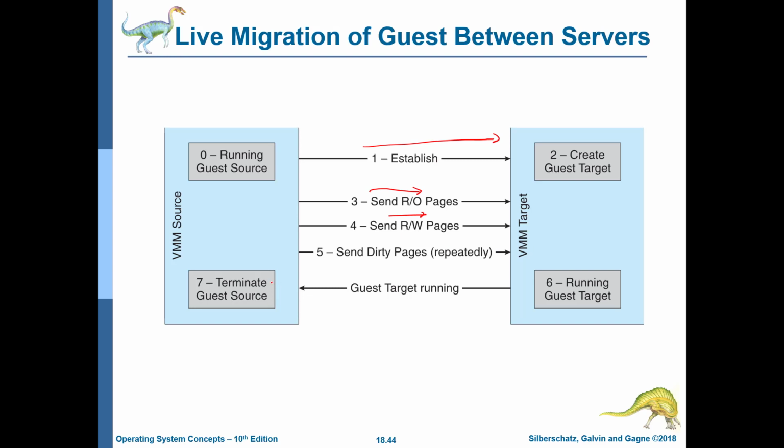After that, we freeze the guest and send the entire state of the program. Then the target starts running the guest and it acknowledges. So this is where the source VMM terminates the guest OS and cleans up its state.